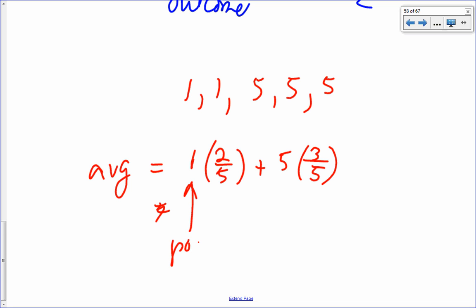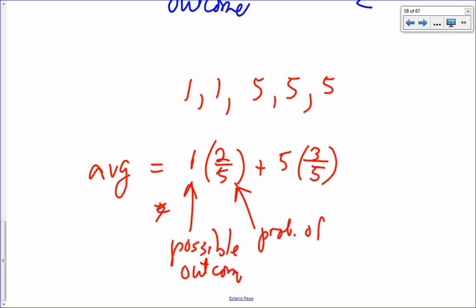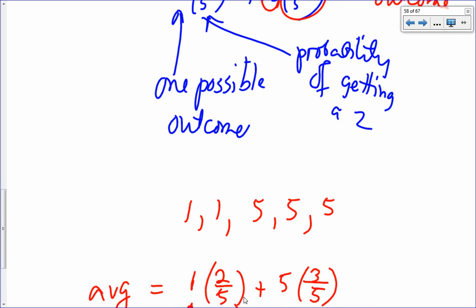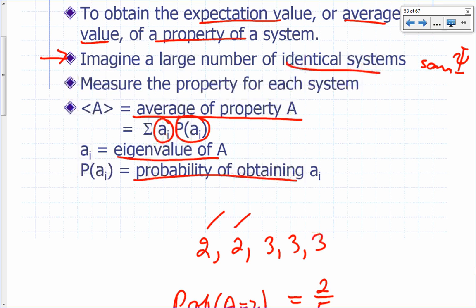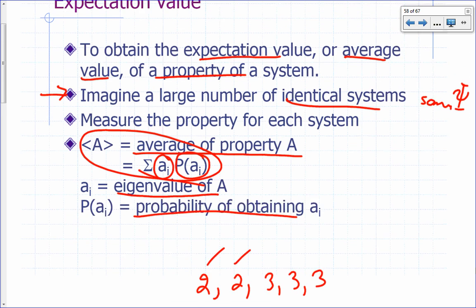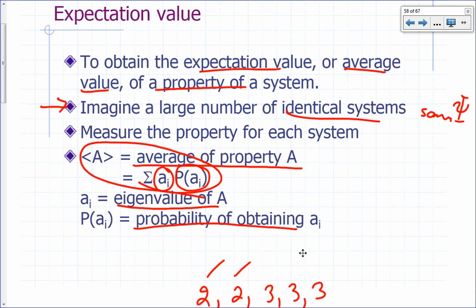So your possible outcome is a 1. And this would be the probability of getting a 1, provided that this particular set is representative of the whole large number of measurements. Okay? So that is your expectation value. That's how you calculate the average. Okay? But what do we know about the probability of a sub i?